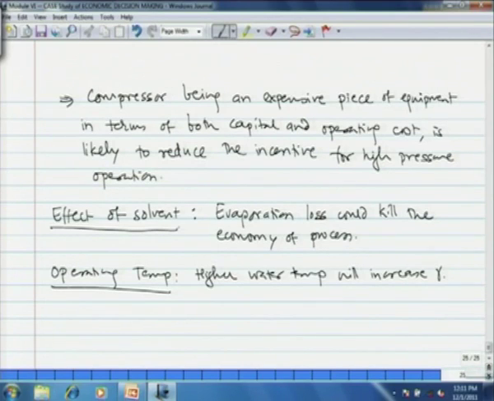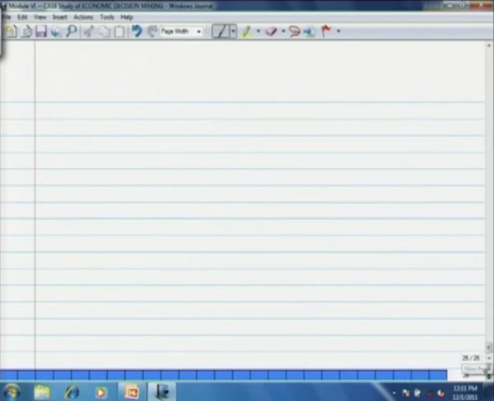However, L by mg being equal to 1.4, the number of plates will not reduce. So, these are some of the design variables that are associated with the Kremser's equation or the basic design of absorber. Now, let us try to determine the number of plates of the absorber with Kremser's equation.